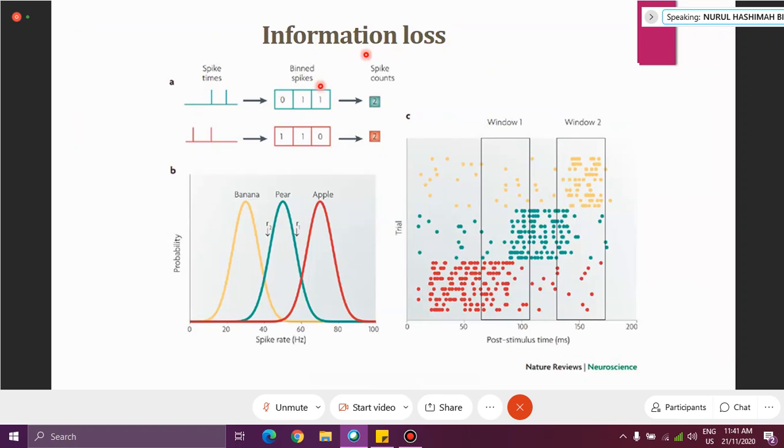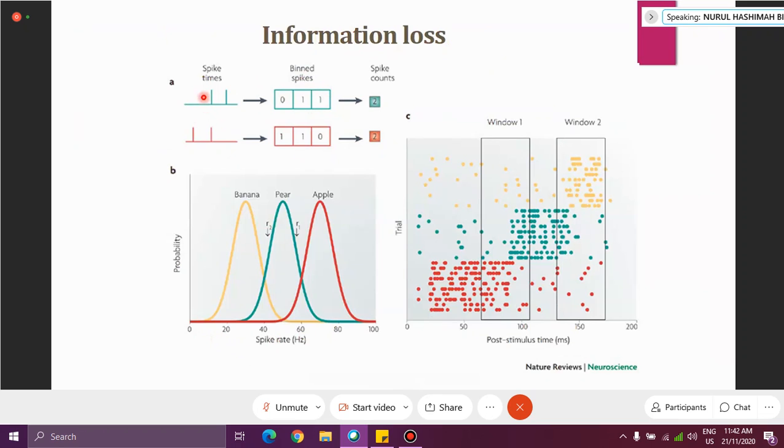So we bin the spikes into a length of 3 bits, so that each bit position refers to the same time gap, or spike rate.